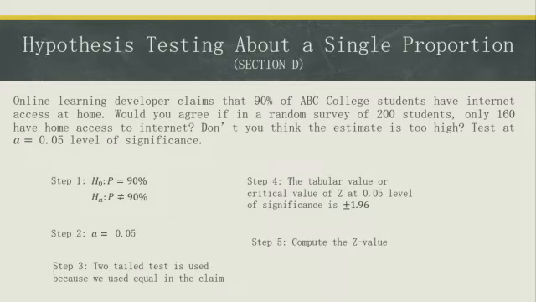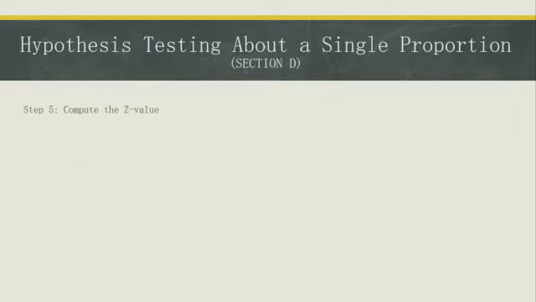Sa step 5, compute the Z value. So ito po siya, p is equal to 160 over 200 is equal to 0.8. P is 90% or 0.9, and n is equal to 200.